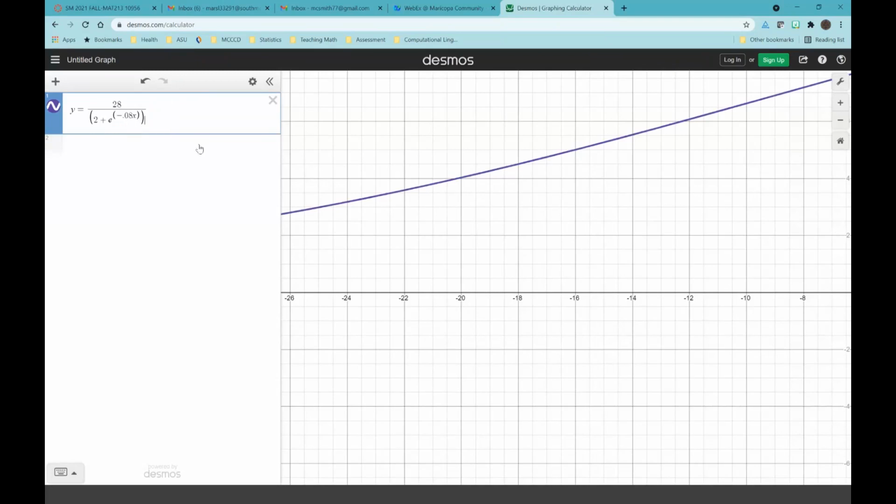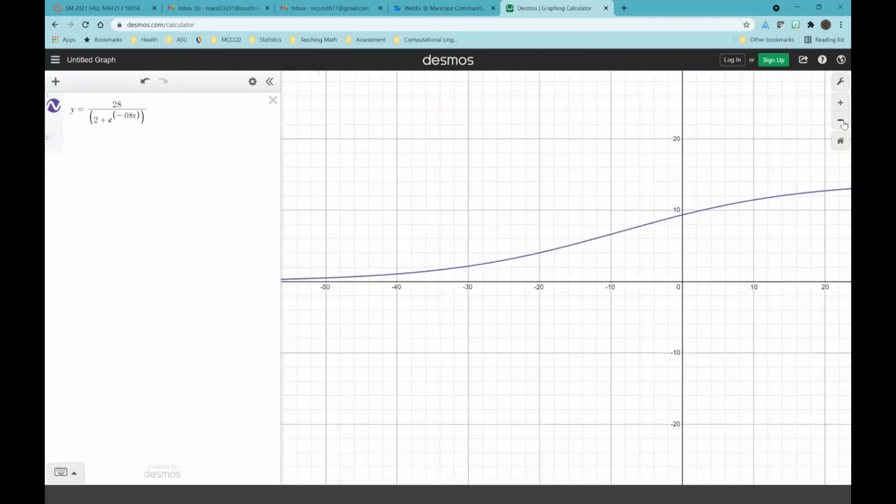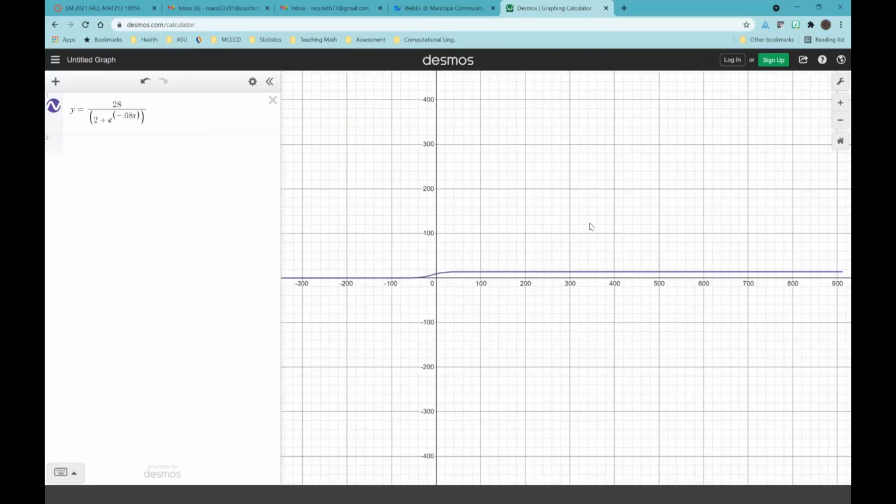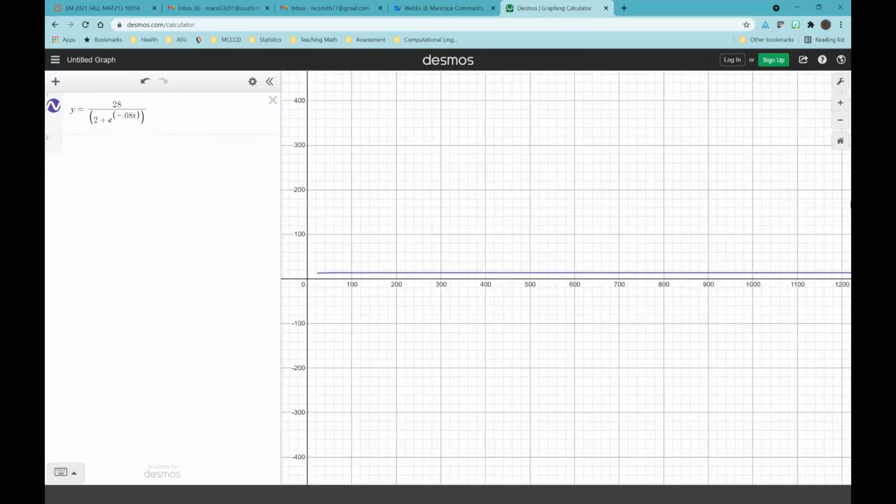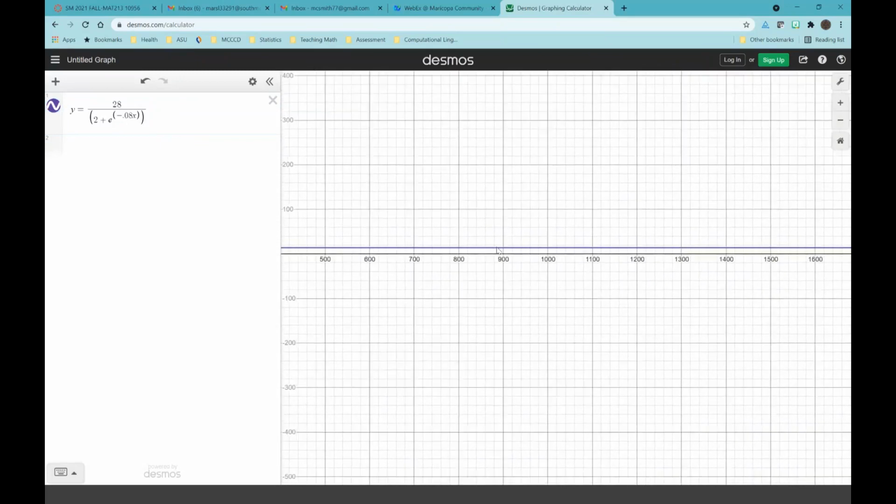Now we want to let x get really, really large. I'm going to zoom out. Here's the graph of the function. And you can see by the time I'm out here, look at my y value.